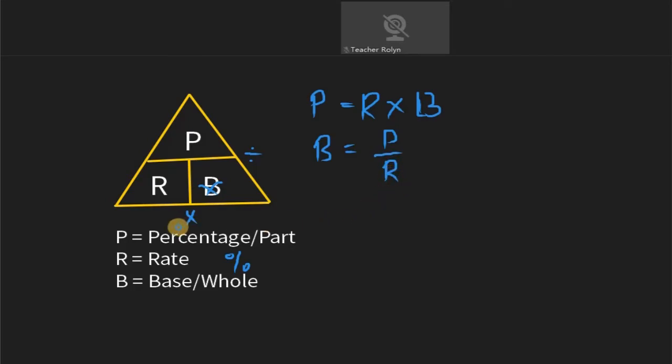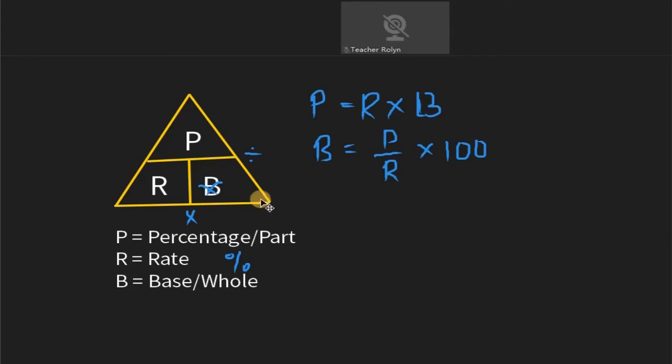Alright? Pero, dito, hindi natin i-convert yung rate natin into decimal. Kaya magdi-divide lang tayo sa kanila as whole numbers. Kaya ang final answer natin ay i-multiply natin sa 100. Right? Explain ko sa inyo mamaya kung bakit i-multiply natin sa 100.